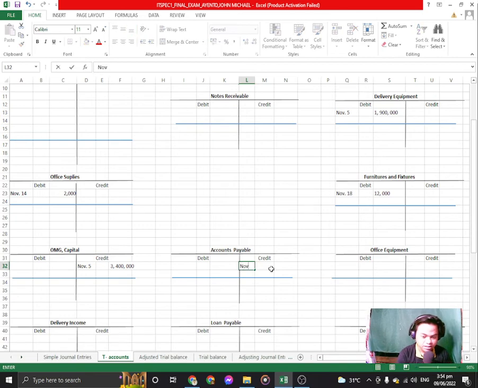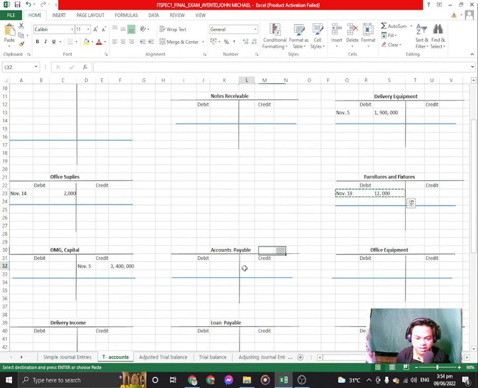Copy it to make it easier. It's accounts payable, so paste here. 12,000 pesos in the accounts payable credit.